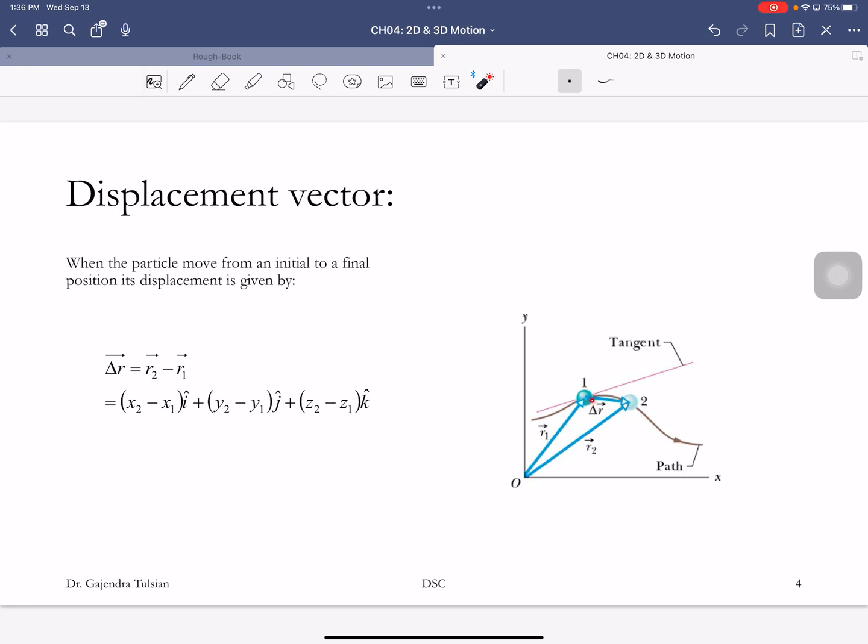Your displacement vector is pointing from the initial point to the final point. There's your displacement vector. The displacement vector is r2 minus r1, and the components of the displacement vector are x2 minus x1, y2 minus y1, z2 minus z1.